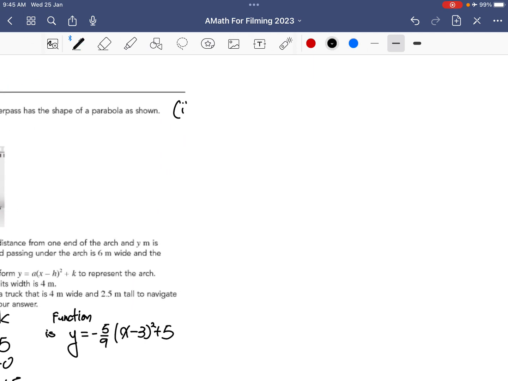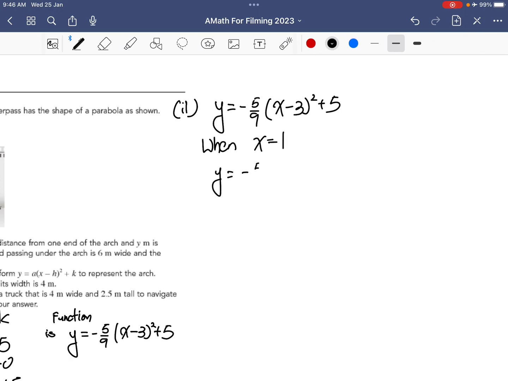So for part 2 itself, what I'm actually looking for is this. I start with my equation, negative 5 over 9 (x minus 3) squared plus 5. So when my x value equals 1, I'm trying to find what my y value is. I find that my y value is 2 and 7 over 9.